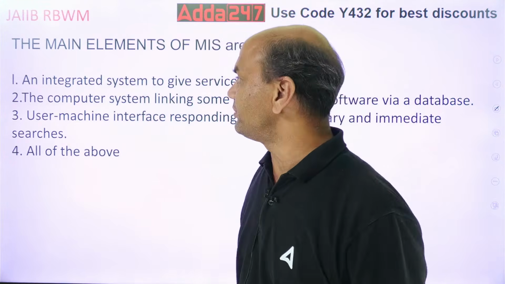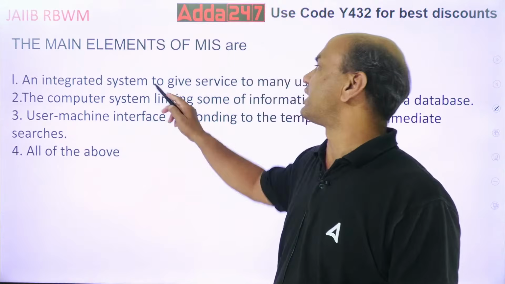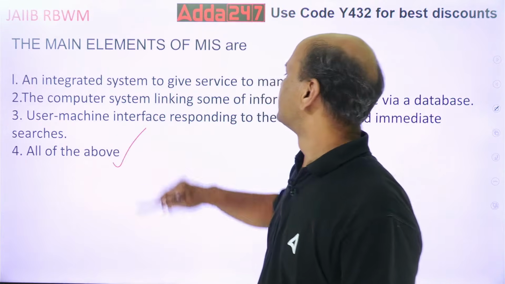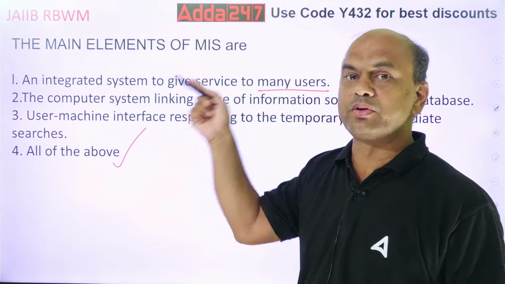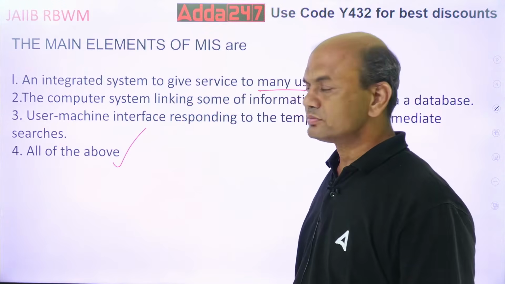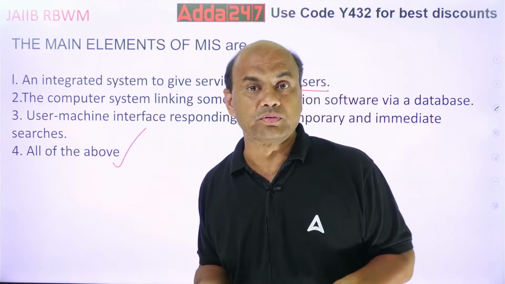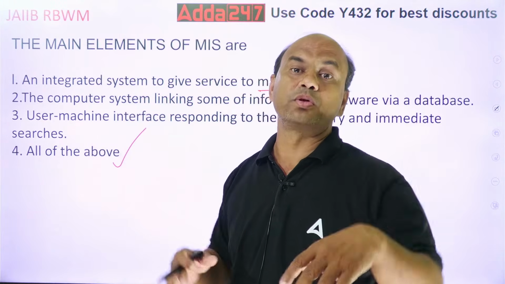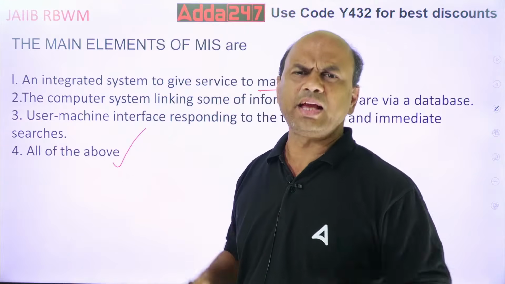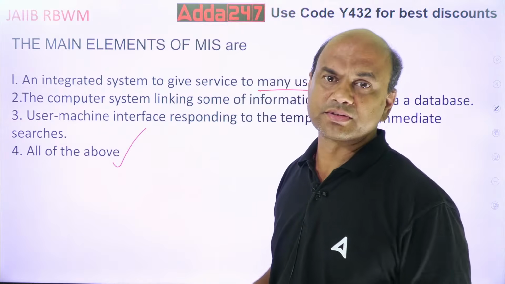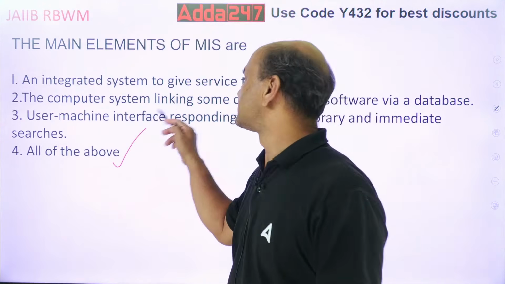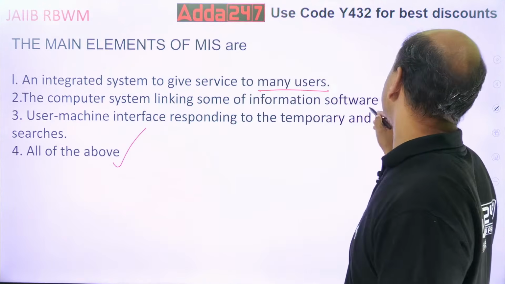Again, it's an integrated system to give service to many users at one time, a single time, many users. Right? Because in a bank, you don't know how many customers will come to you at a single time. Lakhs of customers are there on the same server. So what will you do in that case? A computer system linking some of the information software via database.